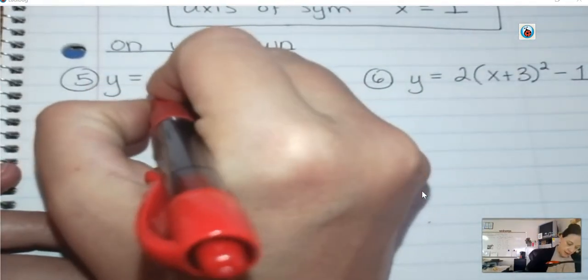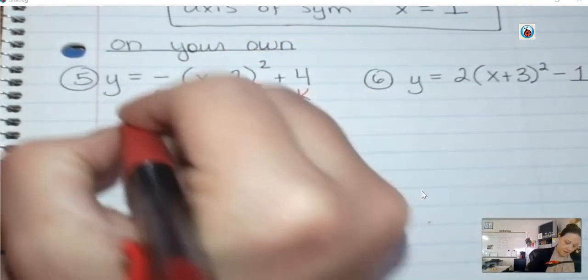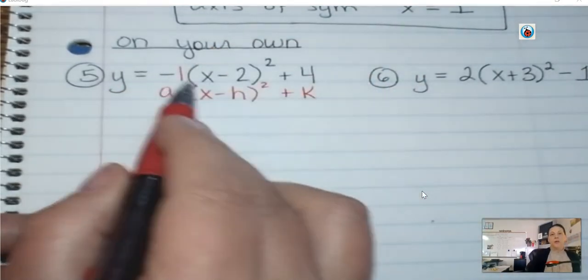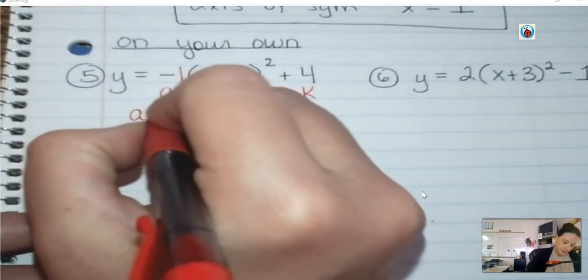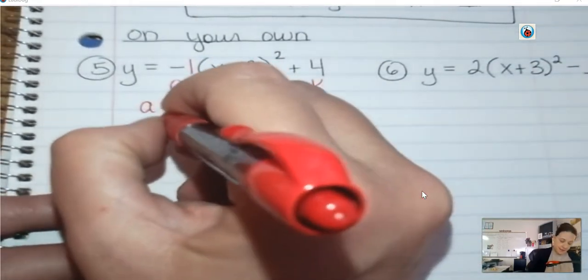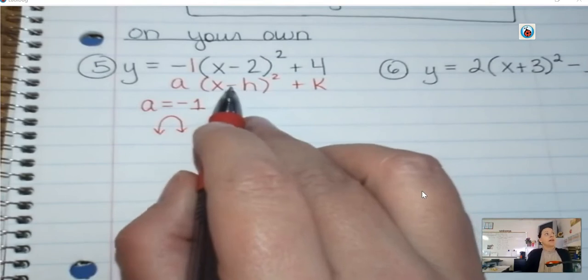So a(x minus h) squared plus k. a is -1. There's really a 1 times this, so a is -1. It's negative, that tells me the graph will be going downwards. h is whatever comes after the minus sign.